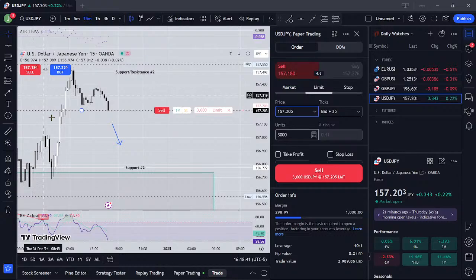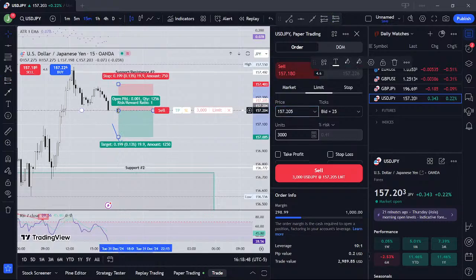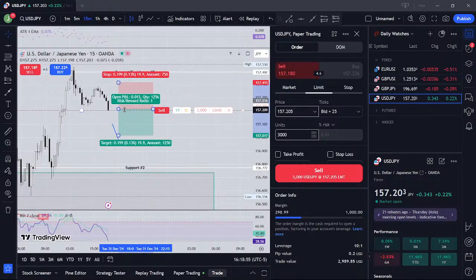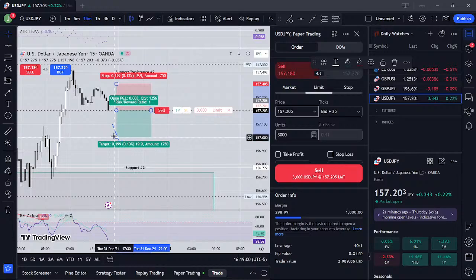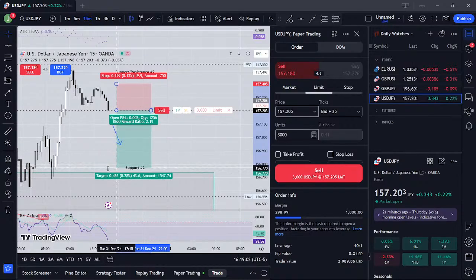Short, no, short. All the way to the support. Let's say this is our active stop loss, 4.6.